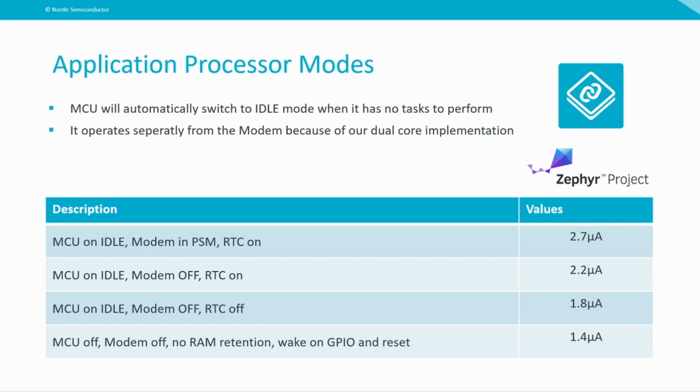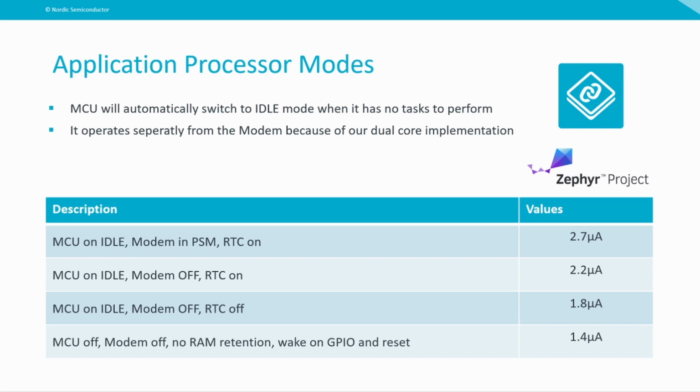In our table here, we can see some key numbers with the MCU on idle, modem in PSM mode with the real-time clock turned on. And here we can see we have this 2.7 microamps average. And when the MCU is on idle and the modem is turned off with the RTC on, you have 2.2 microamps.